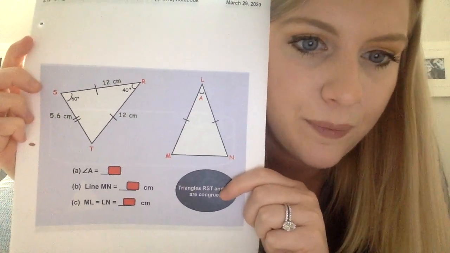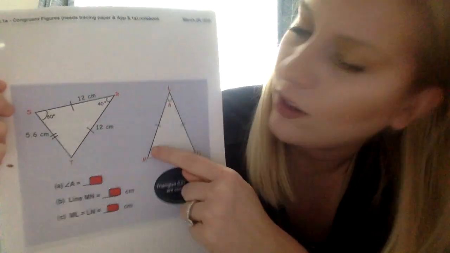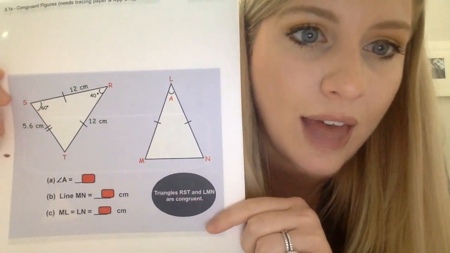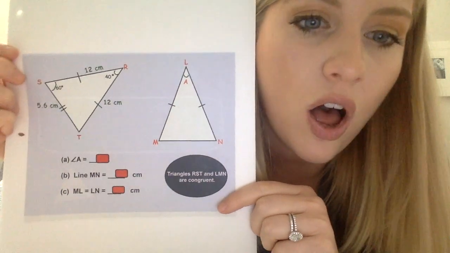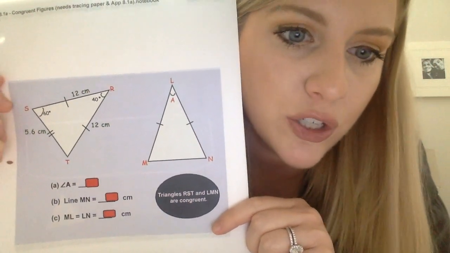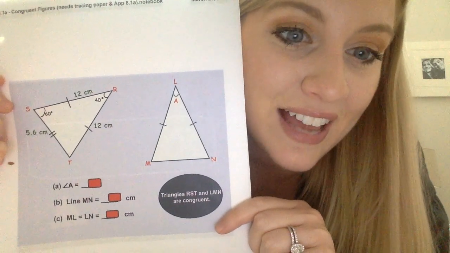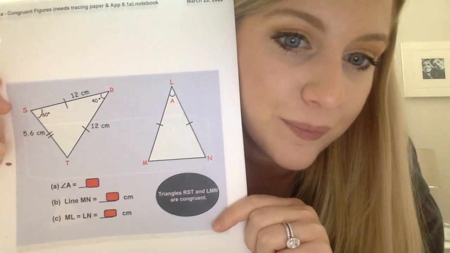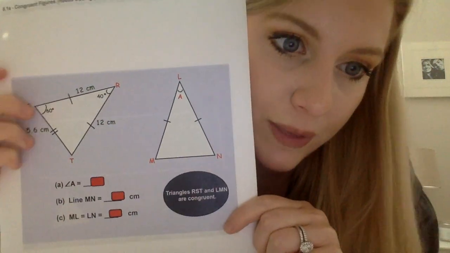And letter C, ML is congruent to LN, which is also congruent to, you could have said, SR or RT. So let me write down the answers and you can copy them down.